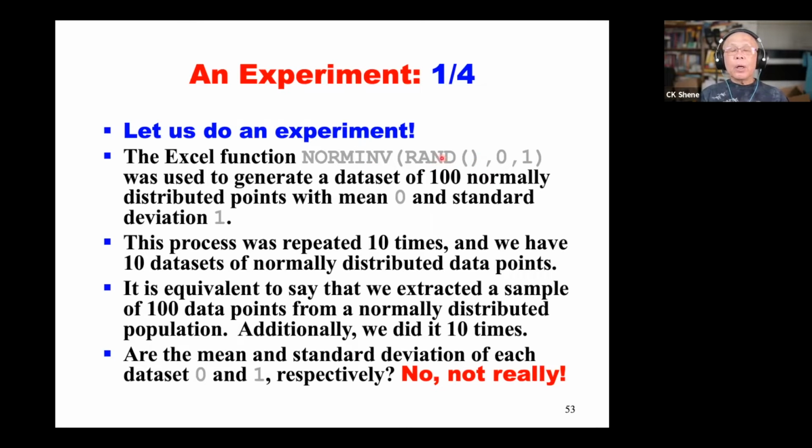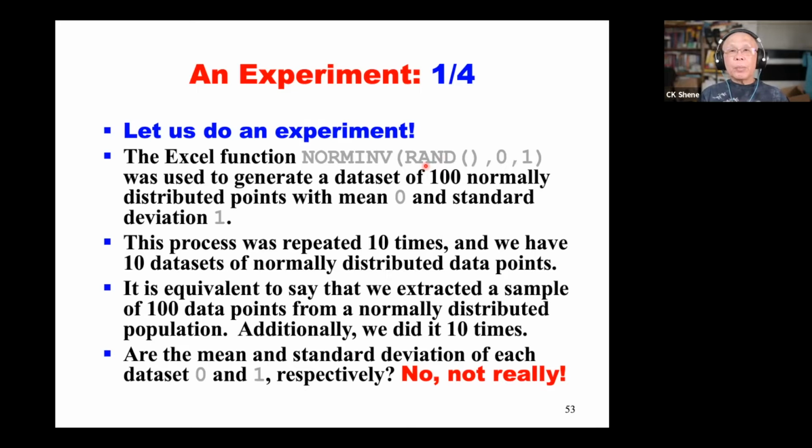The first argument is a value between 0 and 1. This value is used to generate a data point so that, under the normal distribution, the generated data would be mapped to the first argument. Here we use RAND.